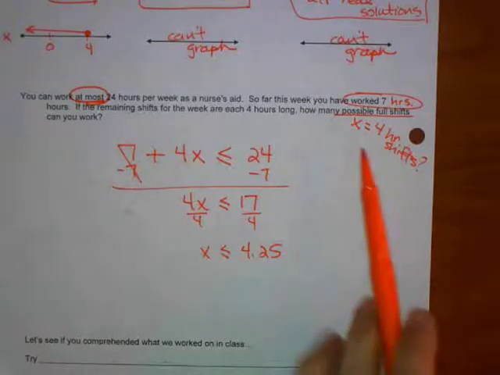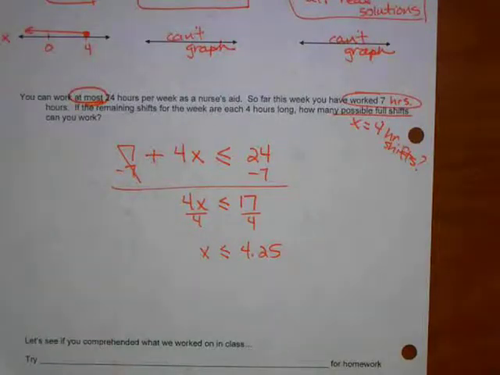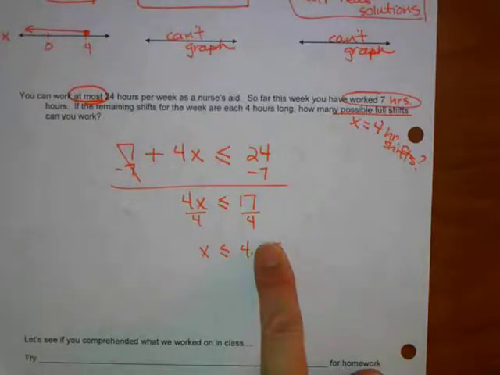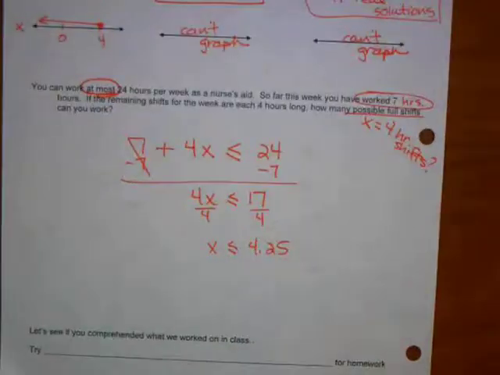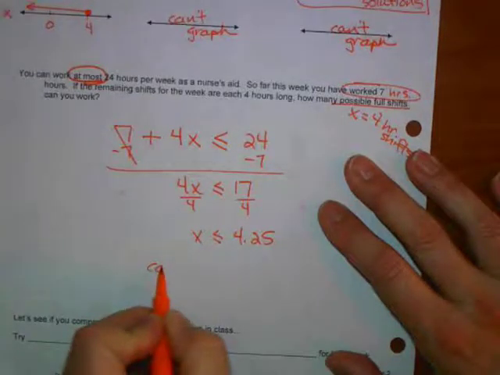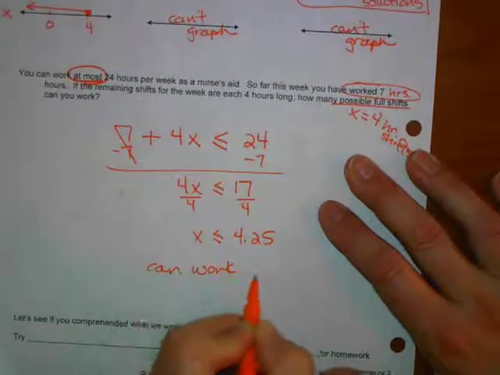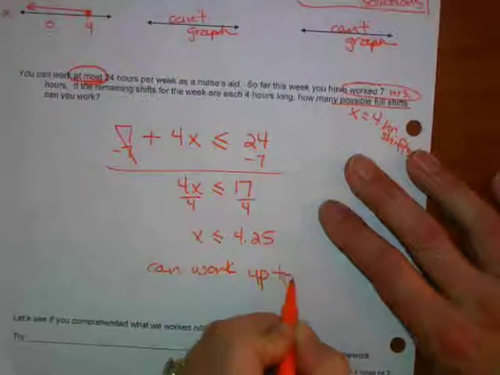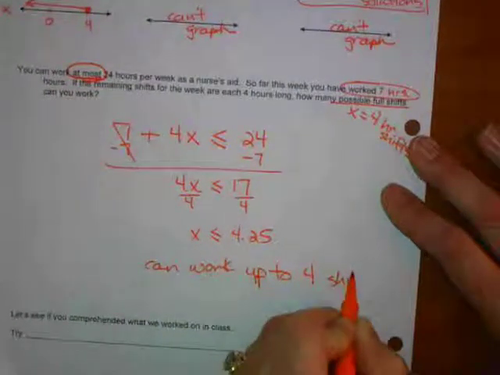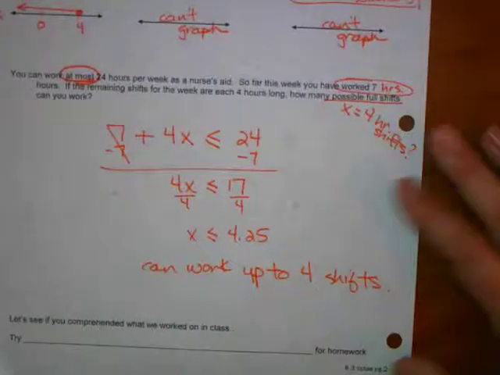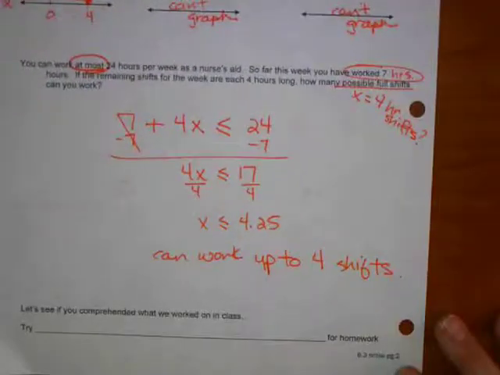It wants to know how many full shifts that are 4 hours can you work. So how many full 4-hour shifts can you work? 4. You can't work a partial 4-hour shift because it's asking you how many full 4-hour shifts. So you would say, I can work up to 4 shifts and still be 24 hours or less a week.